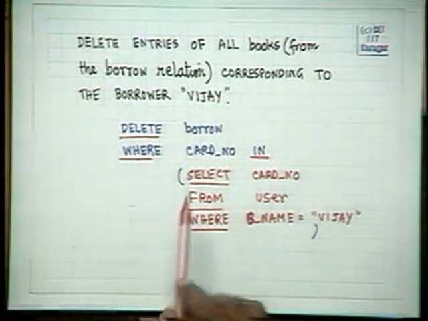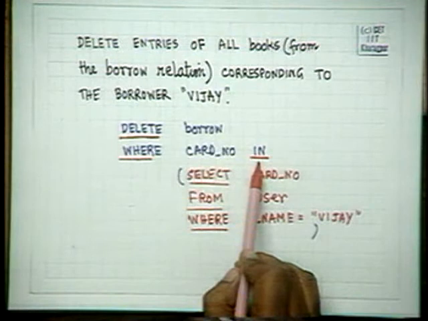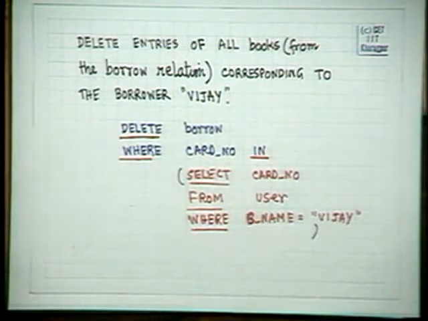So this way now, using this in clause, we can start deleting many things. Let us say we will delete all books corresponding to Vijay provided his date of issue is some 15/7/95.